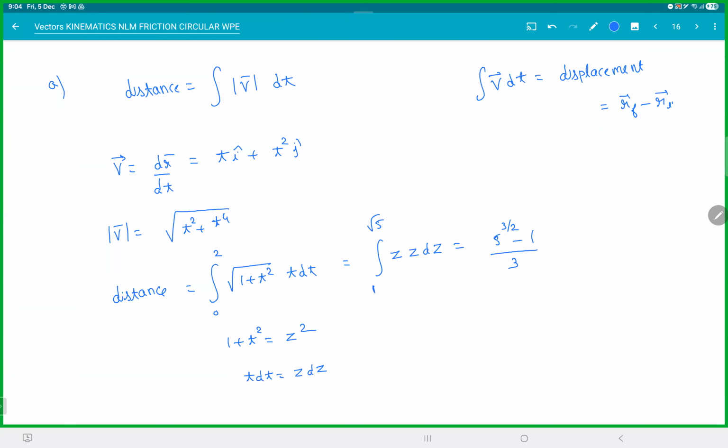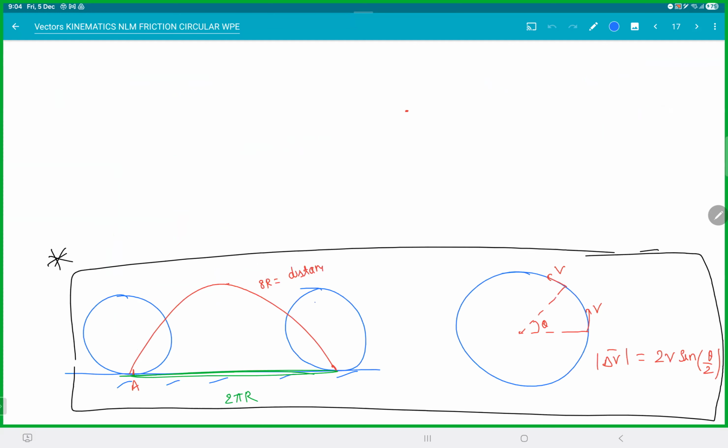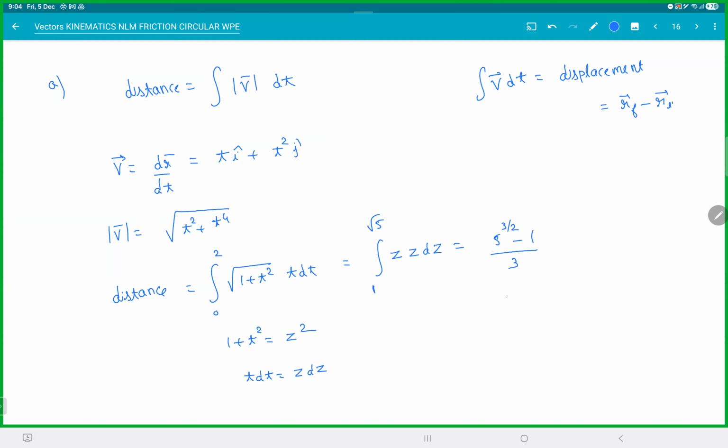Clear this? So be careful. Don't use the displacement thing. And actually, if you try to plot the graph, it's going in a curve. This is the path. You can even find the equation of the trajectory from the x coordinate and y coordinate.